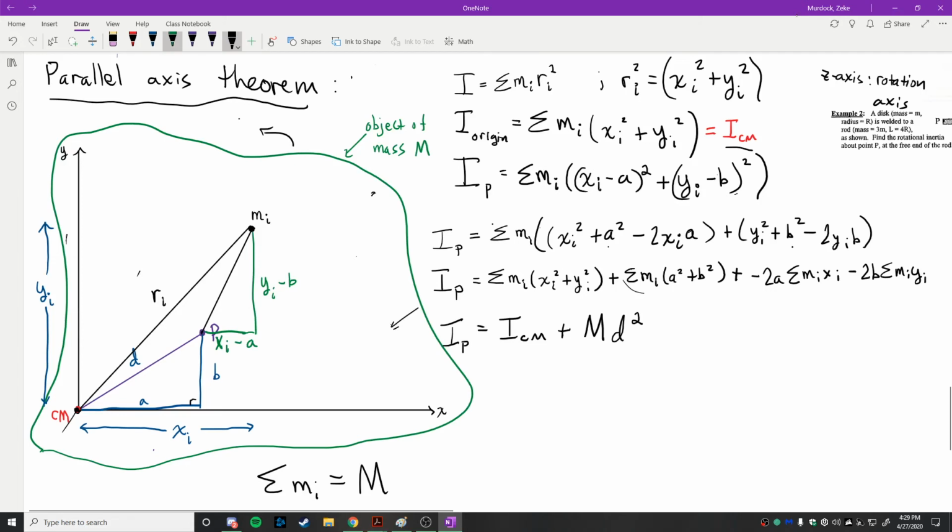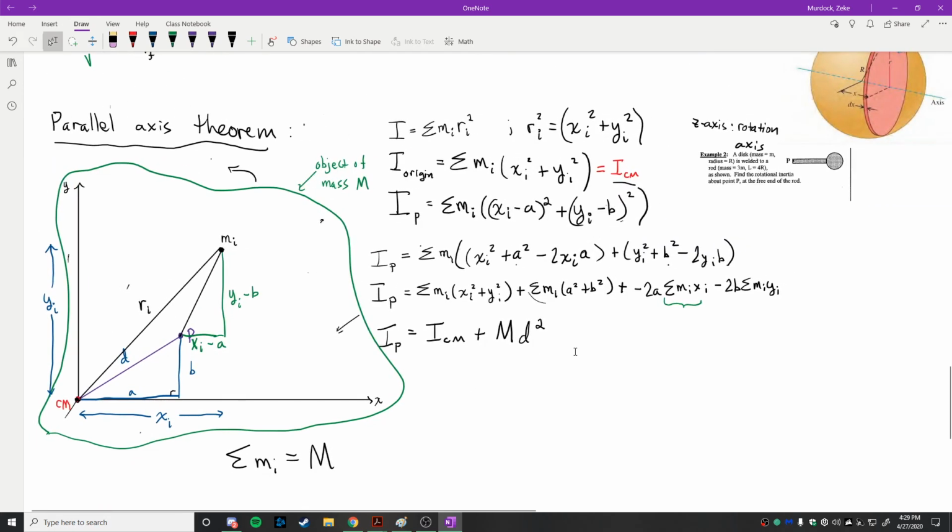What about these terms here? What is that one going to be? Does that look familiar to you guys? Sum over mi xi? Does that look like something we've seen before? Let me zoom out a little bit so I can get some more space to work with. Just as a reminder, we learned that the x-coordinate of the center of mass of an object is equal to the sum over mi xi divided by the total mass of the object.